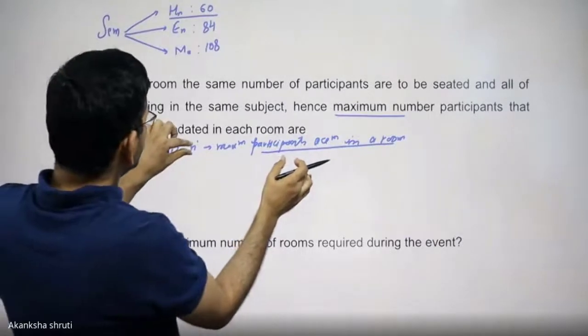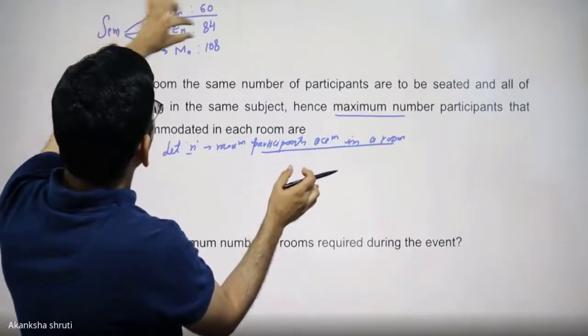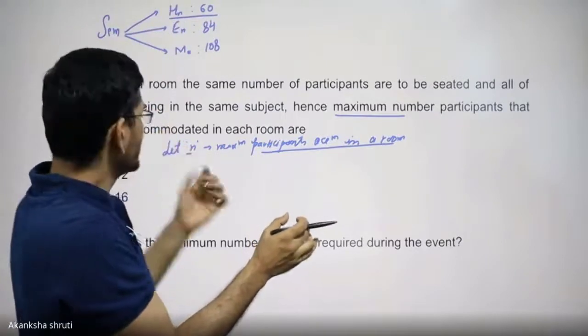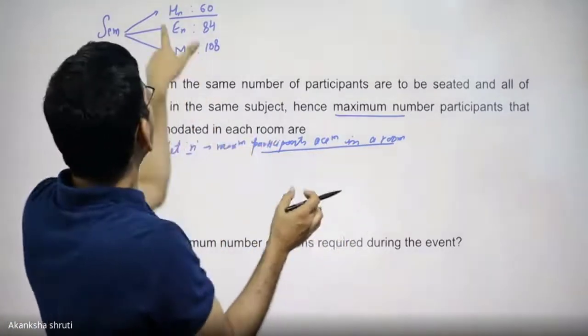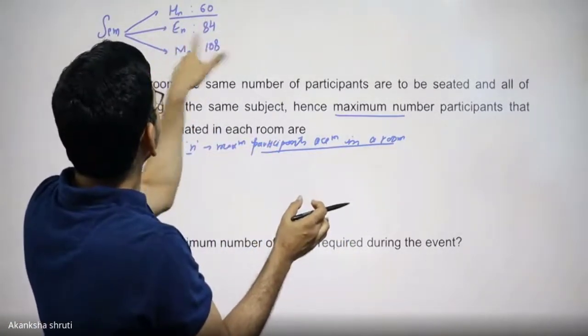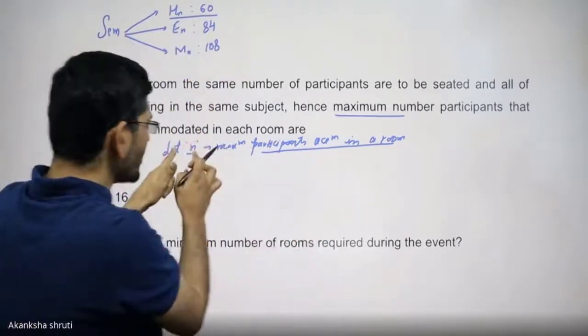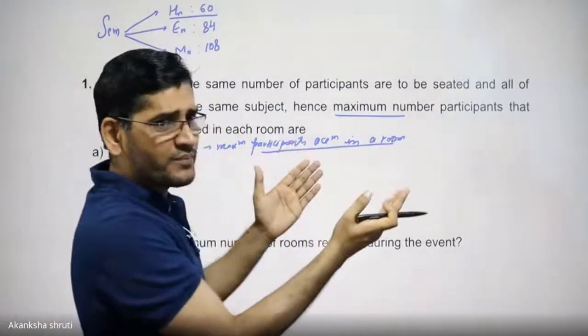Students, here n is the maximum number of participants that can be accommodated in a room. This n could be from Hindi, or from English, or from mathematics. But this n must be equal, whether for Hindi, English or mathematics, because n is the maximum accommodation capacity of a room.